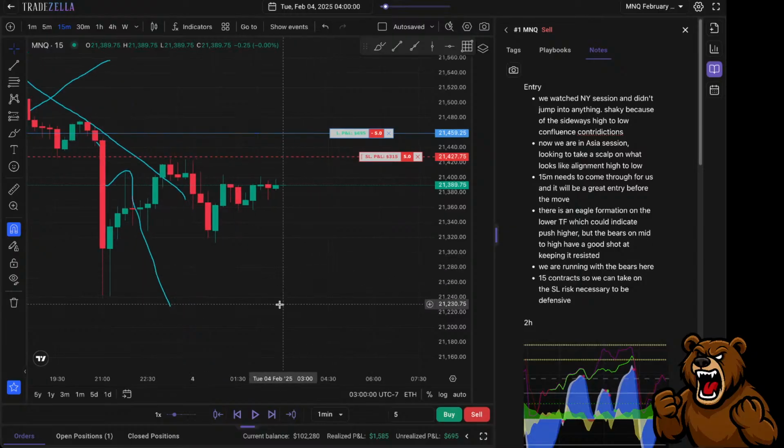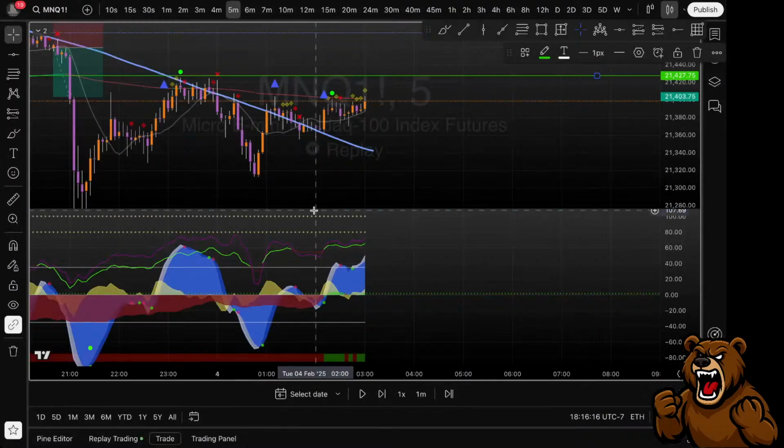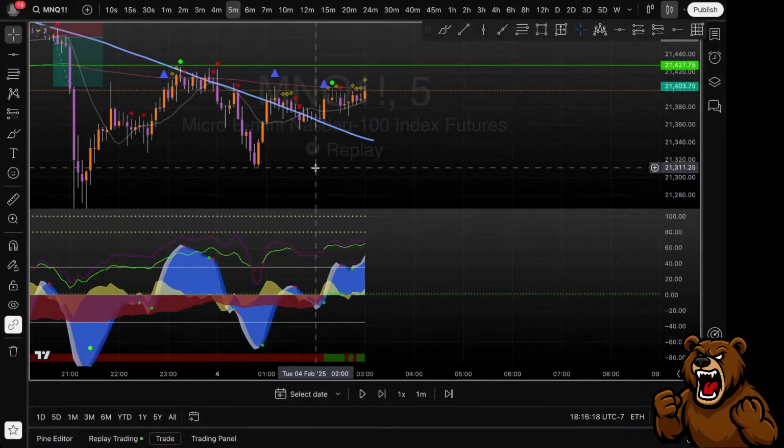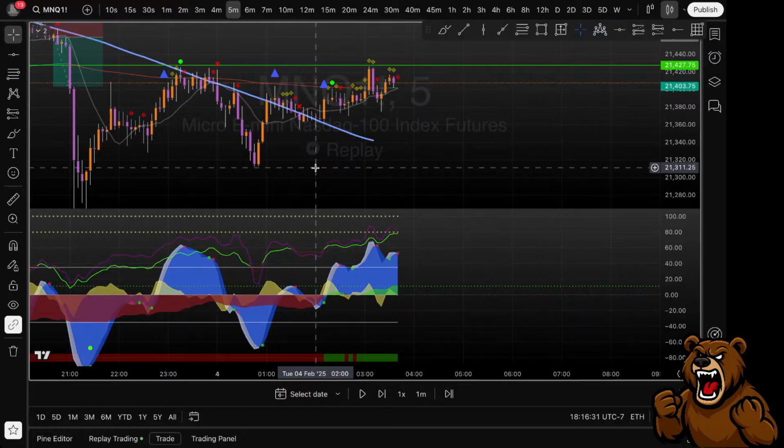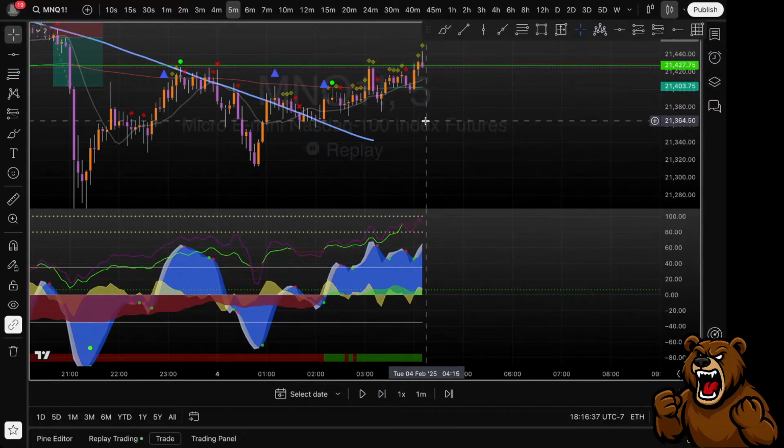Yeah, if she wants to come get it, come and get it. But you know, I think there could be some bear action hidden in the mist. Oh, she got us. Okay.